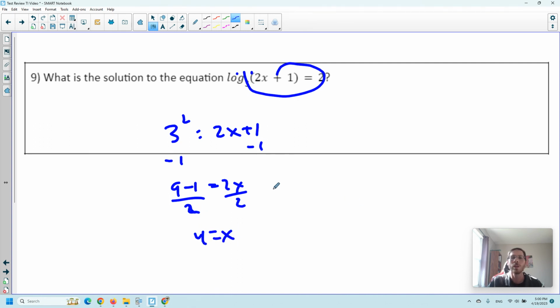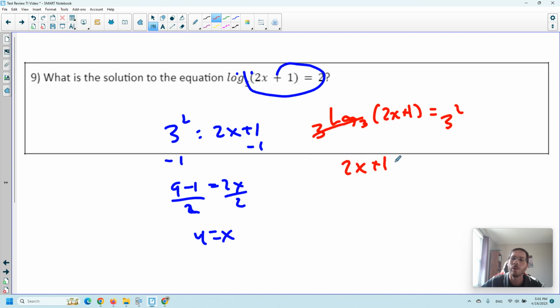We get 4 equals x. And you can do that if you want to do that 3 to the power of both sides as well. 3 to the log base 3 of 2x plus 1 equals 3 to the 2. Those will cancel out. 2x plus 1 equals 3 squared. And we're kind of in the same position. So no matter how you want to do it, you can do it that way.